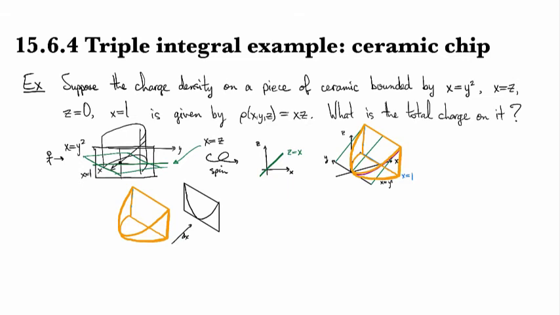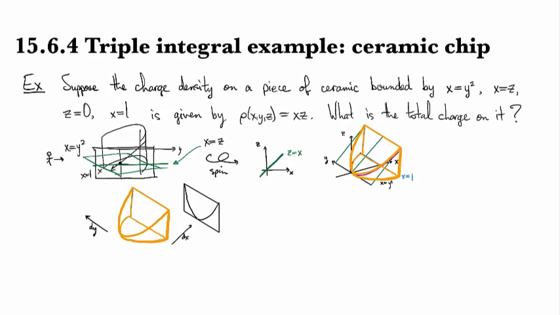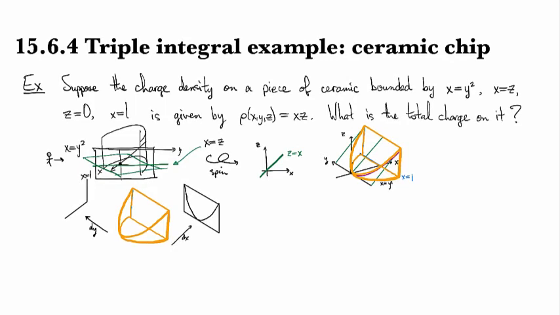Okay, so that one is not looking particularly appealing. The next thing we could do is integrate in the dy direction first. If we did that, we would see something that looks like this one right here.